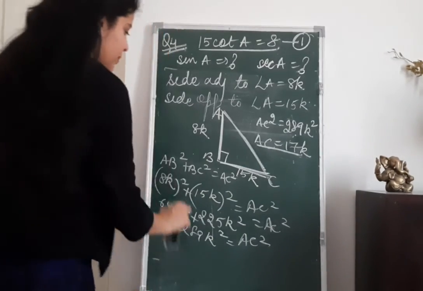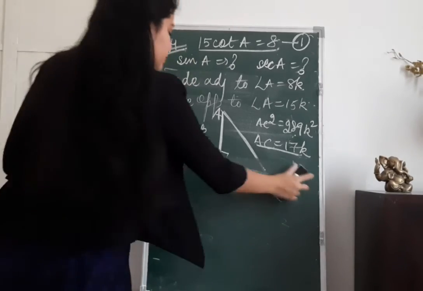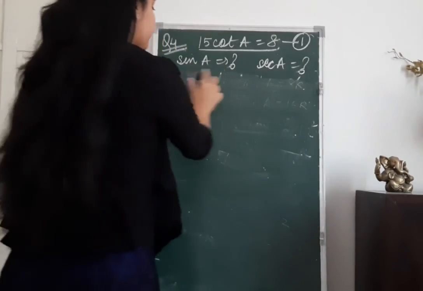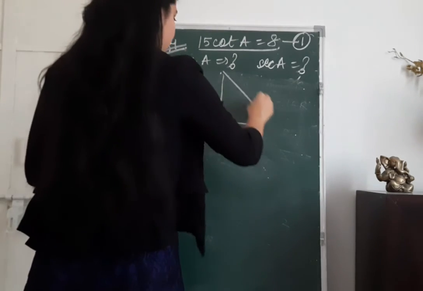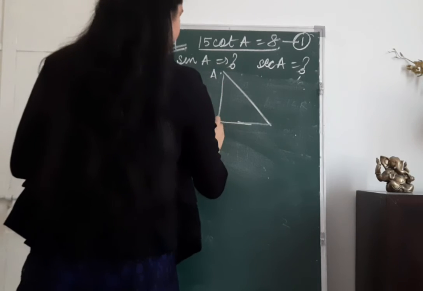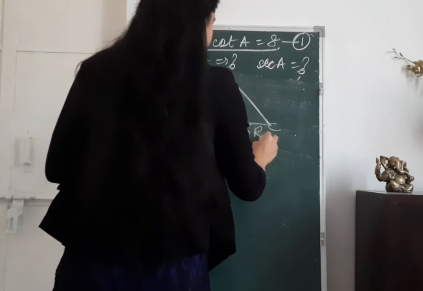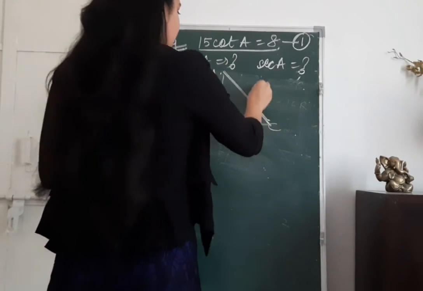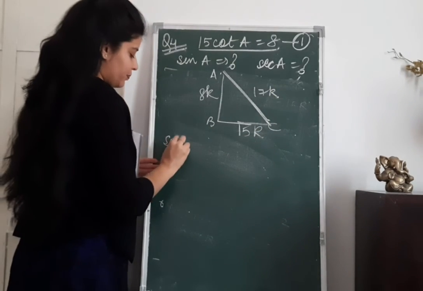Okay? So let's make this triangle with the values which we have found. 8k, 15k, this was 17k. What will be sin A equal to?